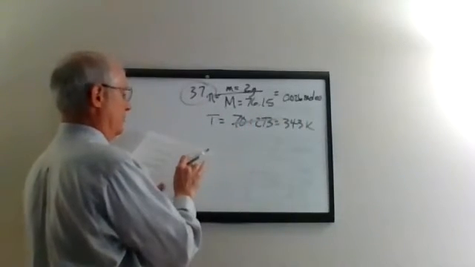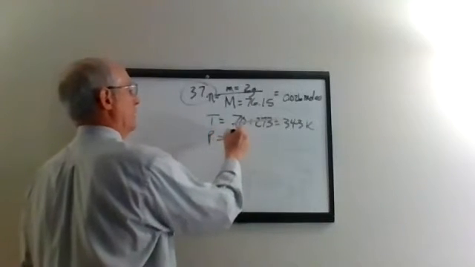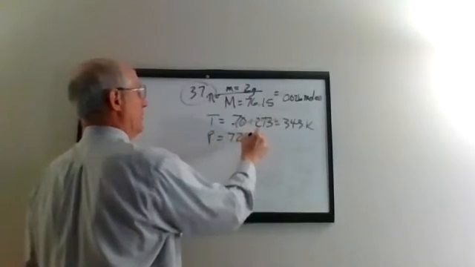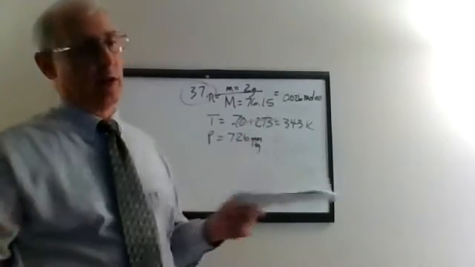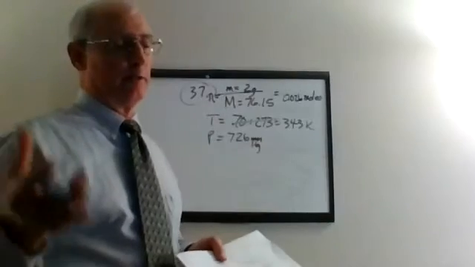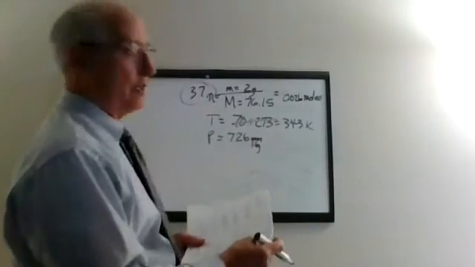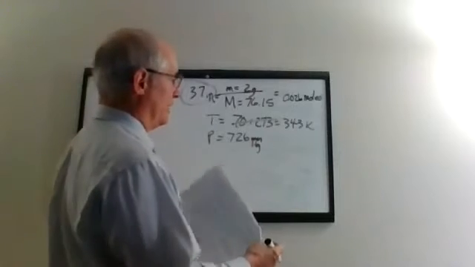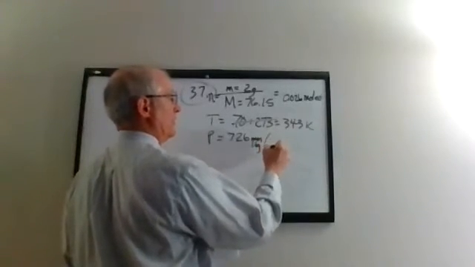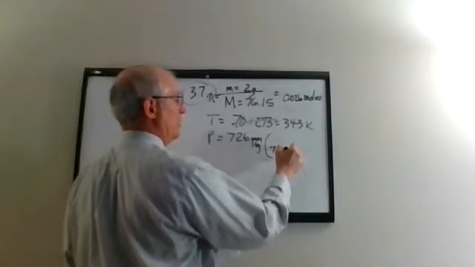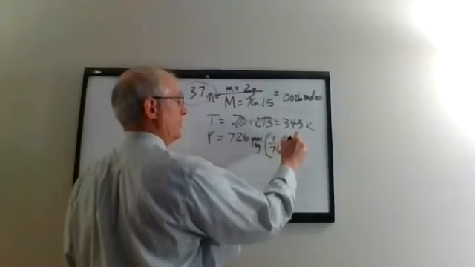The next thing is 726 millimeters of mercury. But I like to use atmospheres. You don't have to, but it's just a different constant of proportionality, ideal gas law constant. And you just have to look in the book and find out what it is. I'm going to convert it to atmospheres. 760 millimeters of mercury is 1 atmosphere.